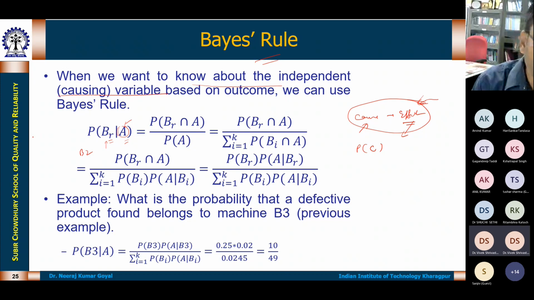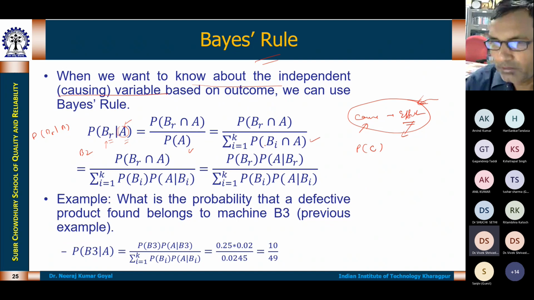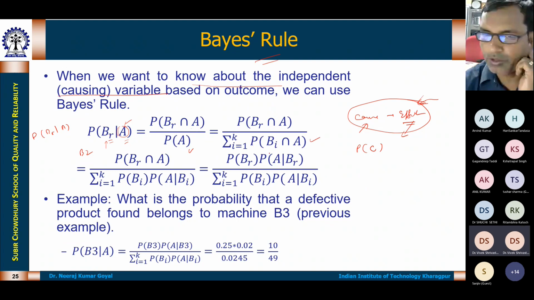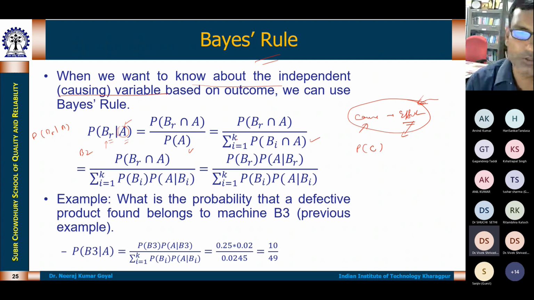We know that the probability of BR given A is the probability of BR intersection A divided by the probability of A. We already know the formula, the total probability theorem: the probability of A is the summation from i equal to 1 to K of the probability of Bi intersection A, or the probability of Bi multiplied by the probability of A given Bi.